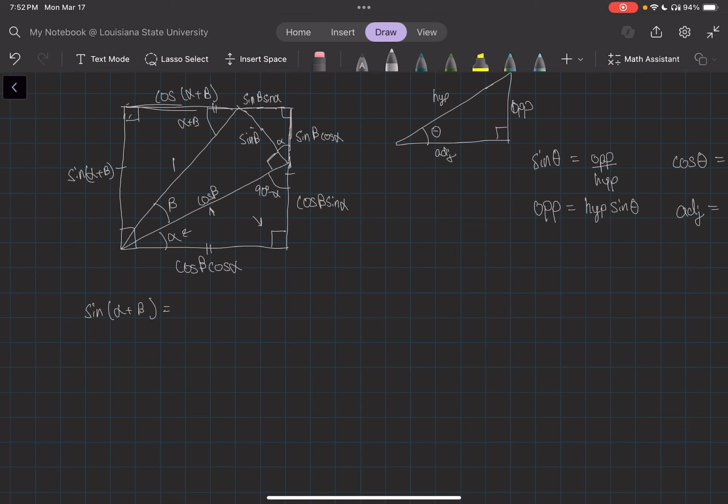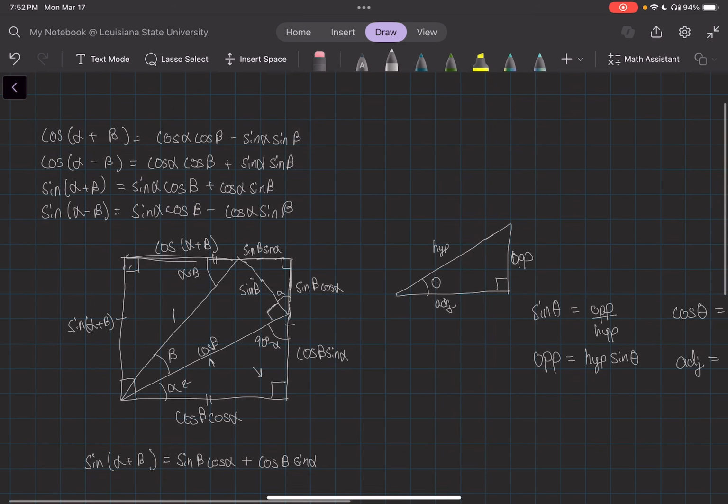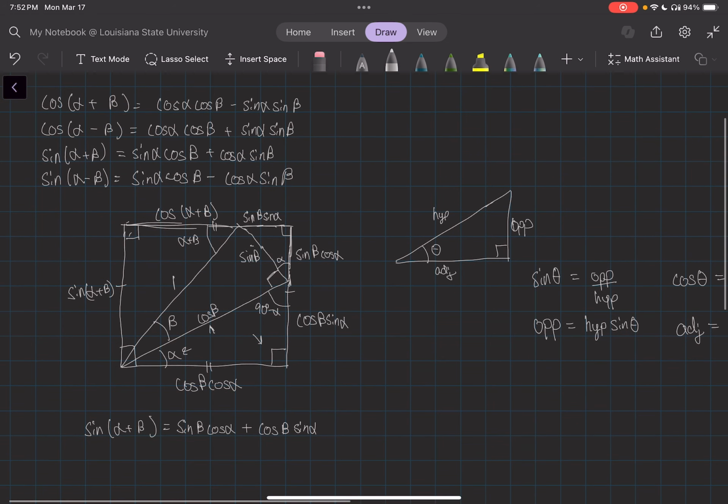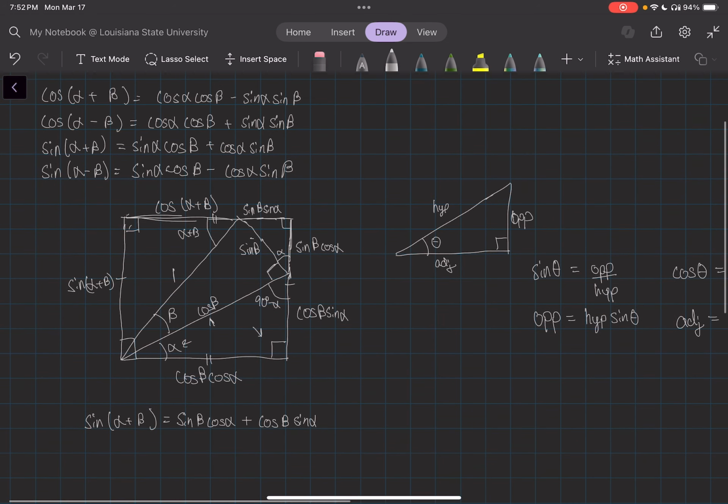is equal to the sine of beta multiplied by the cosine of alpha plus the cosine of beta times the sine of alpha, geometrically. And if we look, we see that we do have the same result.